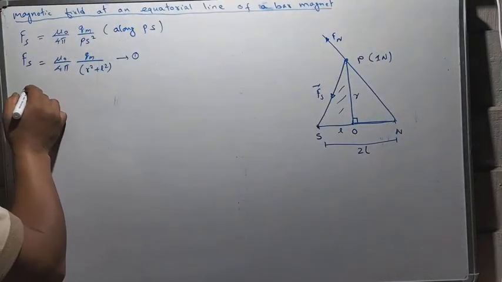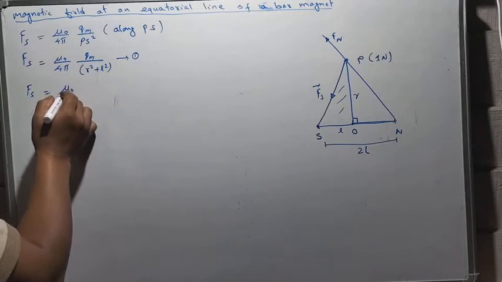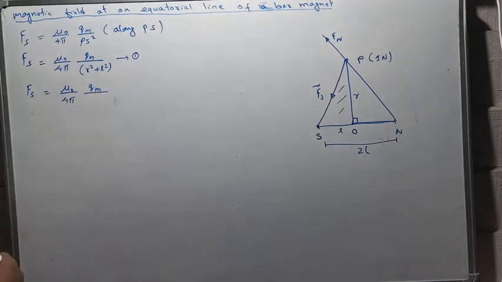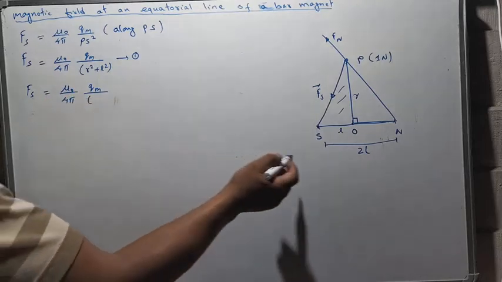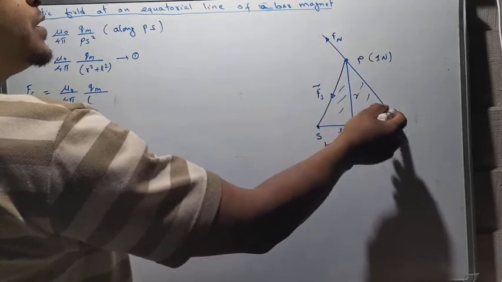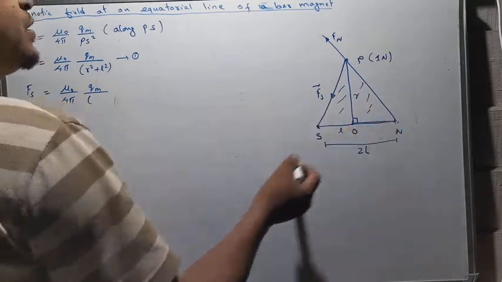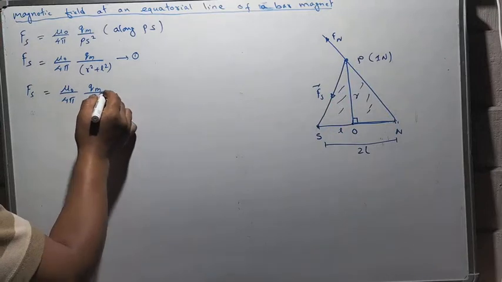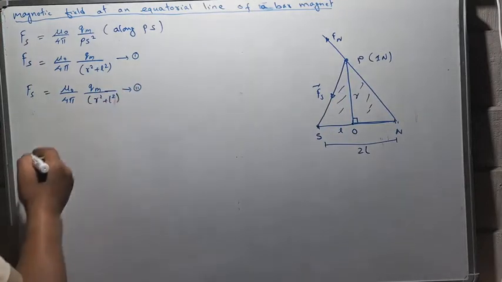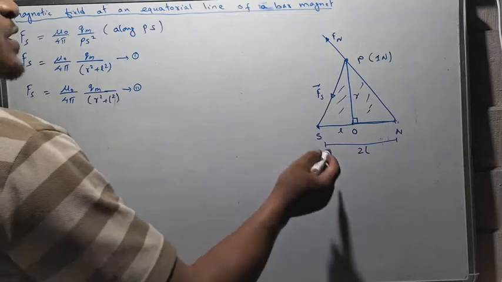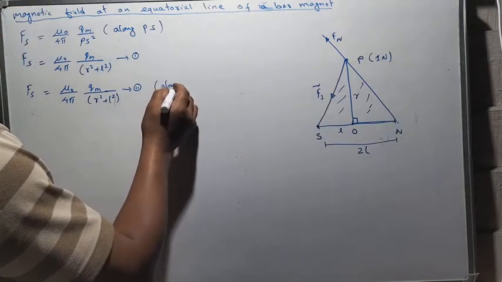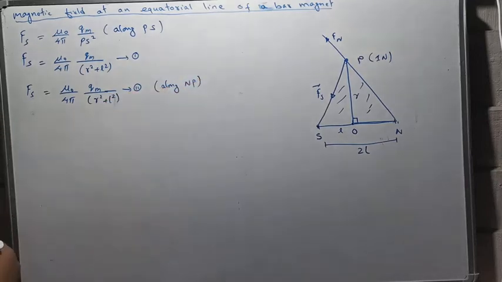Therefore Fn should be equal to mu naught upon 4 pi, magnitude of the pole upon the square of the distance. Again the square of the distance is PN square. When you find it using Pythagoras theorem, you will get r square plus l square. This is my equation number 2. And this force is acting along NP.